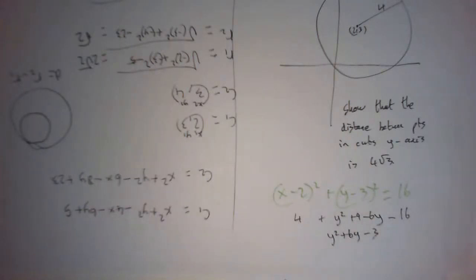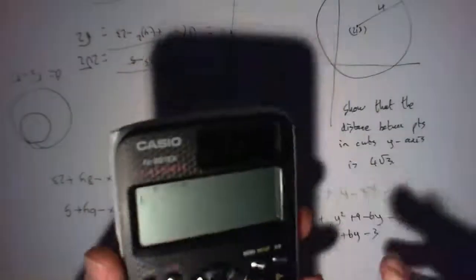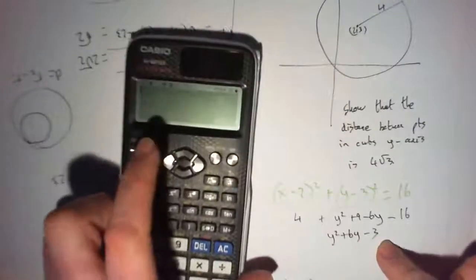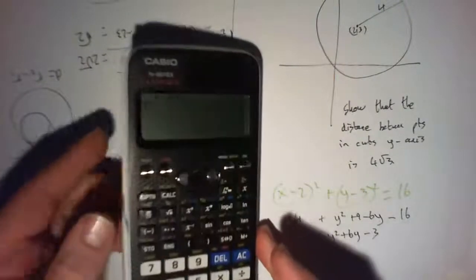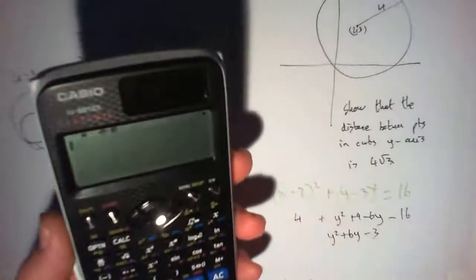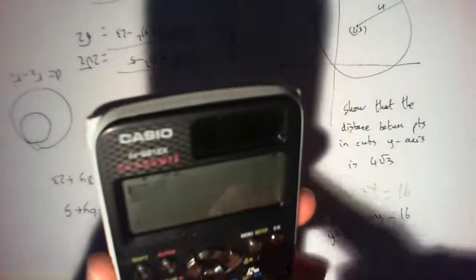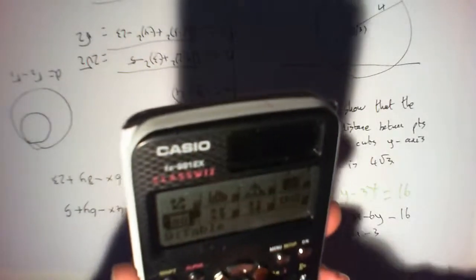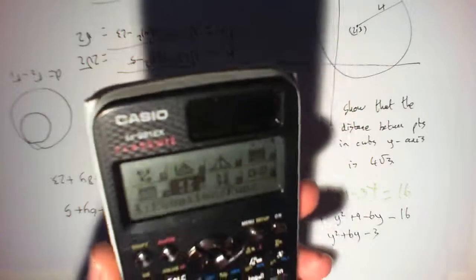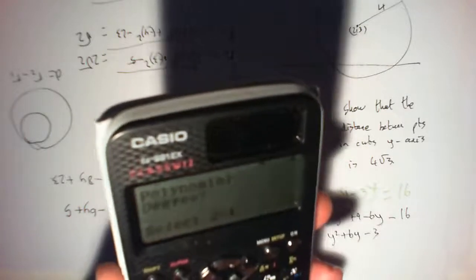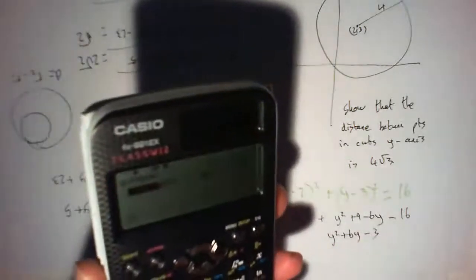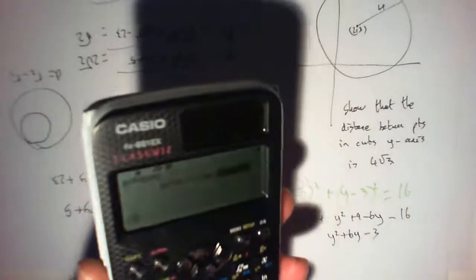So let's have a gander. I'm going to get this on the old calculator because life's too short. So we're solving, aren't we? Menu, 2, 2. So we've got a 1, a 6, and a minus 3.